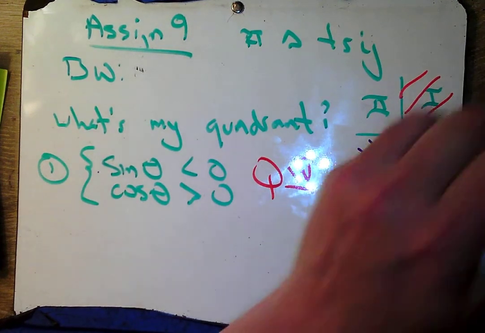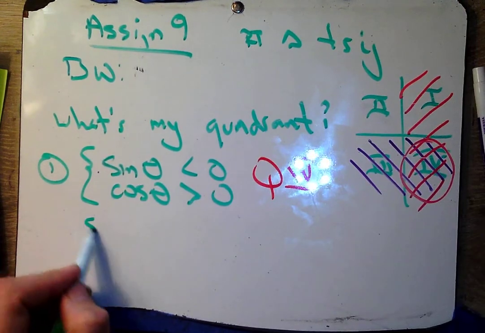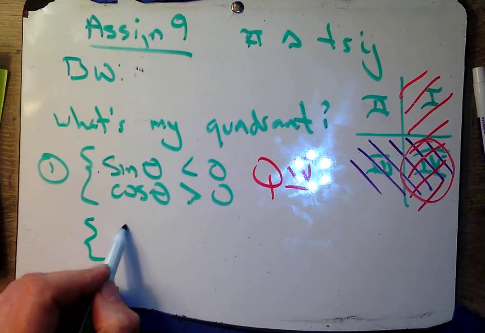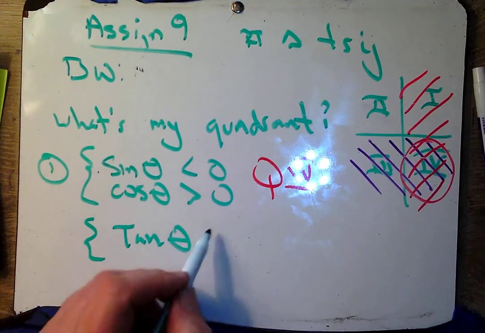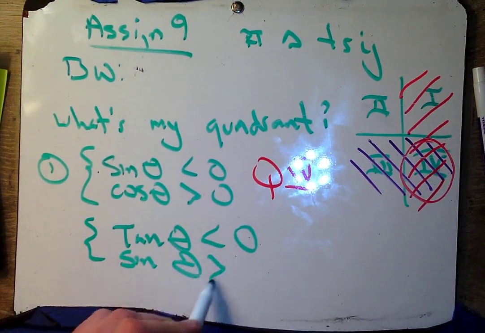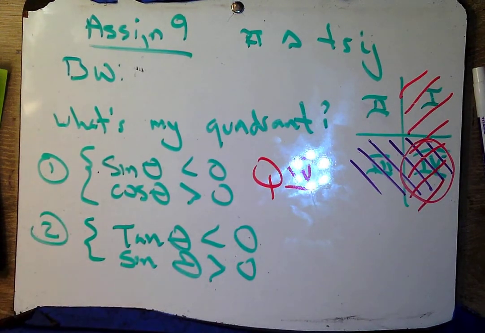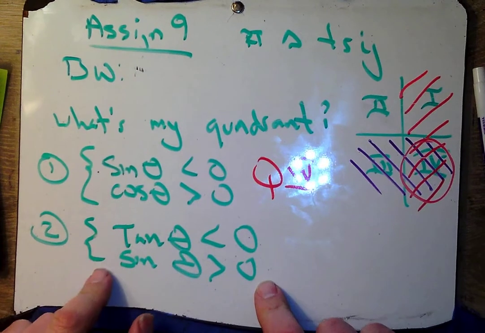Okay, so how about this one? What if tangent is less than 0 and sine is greater than 0? Where must we be if theta has these two qualities?